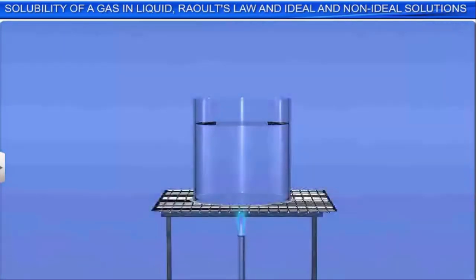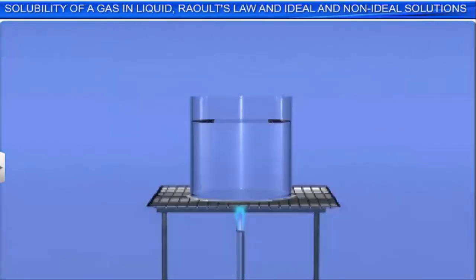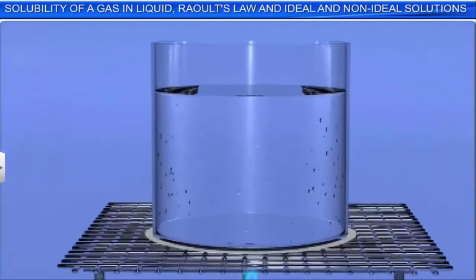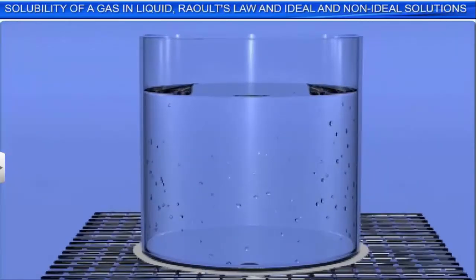It is seen that when water is heated, bubbles of gas appear on the sides of the container well below its boiling point. These are bubbles of air, which are evolved when water, which is air saturated at lower temperatures, is heated.